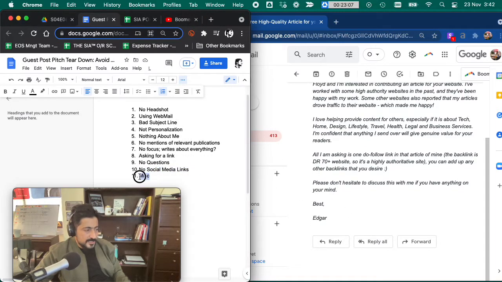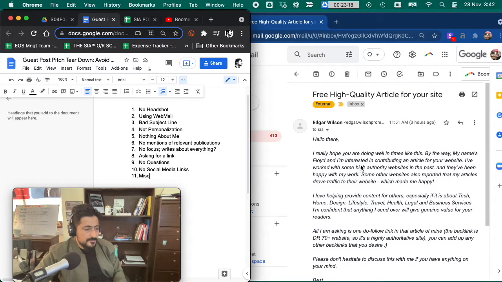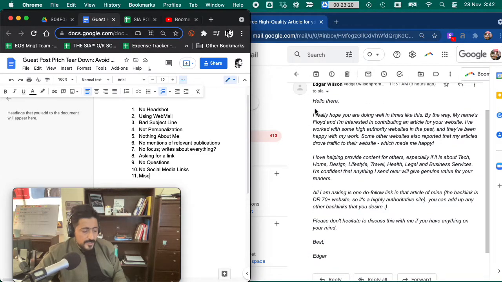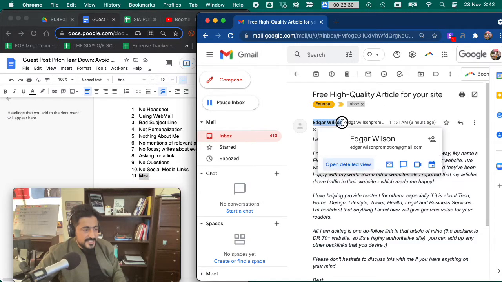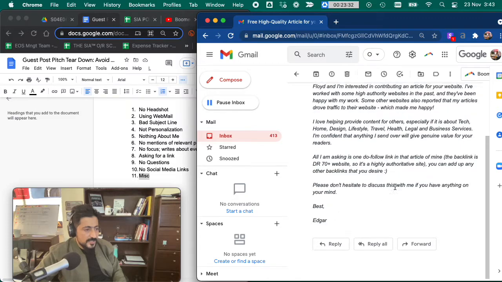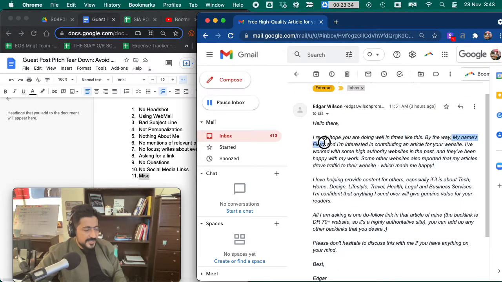Now, the bonus here is that you should also avoid some of these smaller mistakes. Depending on your point of view, they can be small or big, but I think the email is pretty large, so that would come under the miscellaneous set of mistakes. I would also include, you can see that here he is mentioning his name as Edgar, and here as well, but then here he's saying it's Floyd, right?